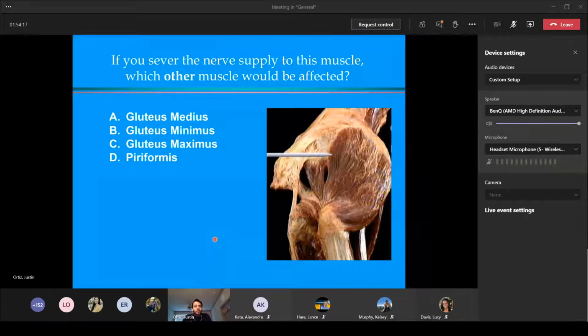Okay, so here's a cadaver picture. So if you sever the nerve supply of this muscle, which other muscle would be affected? So this muscle right here. Right, this one. Which other muscle would be affected?